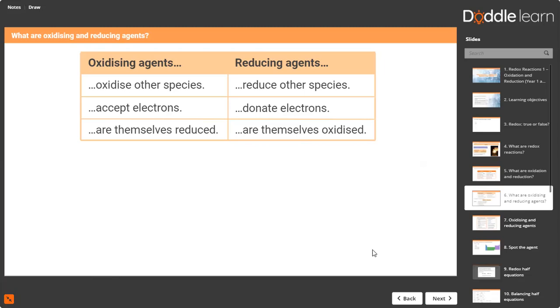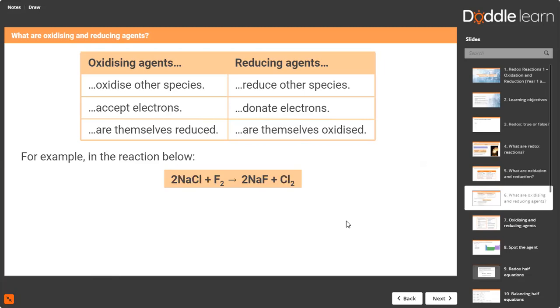It's the exact opposite for reducing agents. Reducing agents reduce other species, they donate electrons and are themselves oxidized. So for example, we've got 2 sodium chloride plus fluorine, and it goes to 2NaF plus Cl2.